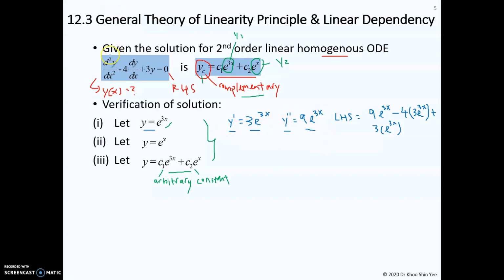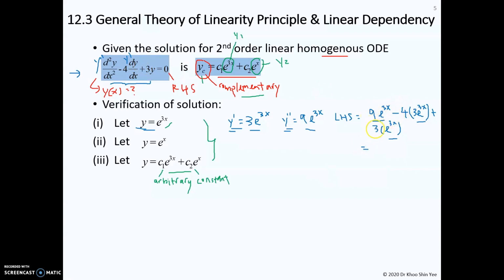Therefore, you can substitute your y double prime and your y prime inside this equation. So on your left hand side, you have y double prime minus 4y prime plus 3y, where you substitute all the y prime and y double prime inside this left hand side. So you continue the calculation here.